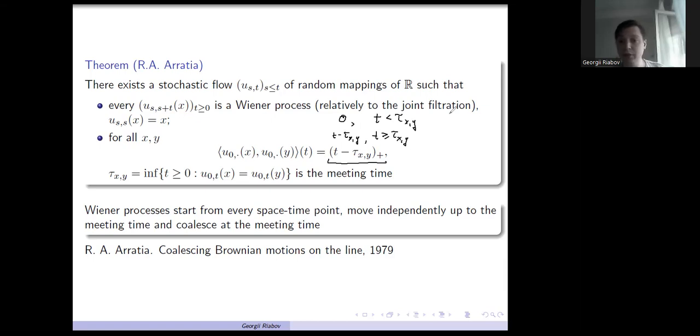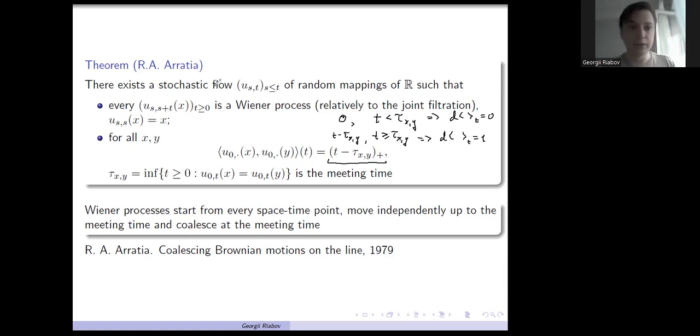In the differential form, in this case, the differential of this expression is equal to 0, and here the differential is equal to 1. The intuitive interpretation is that before meeting, Brownian motions move independently. At the meeting time, they coalesce and move as one Brownian motion.